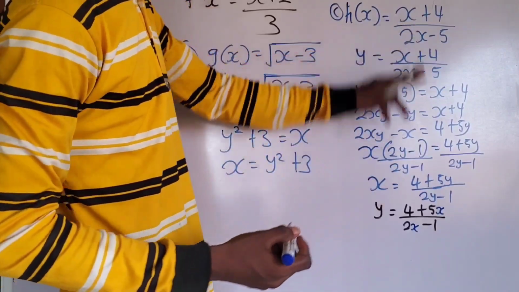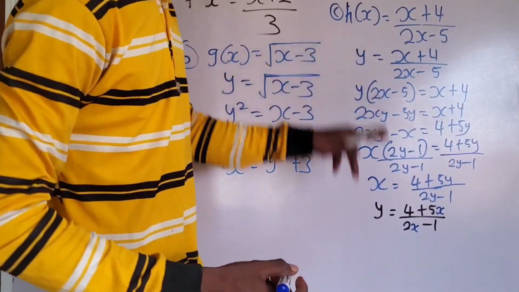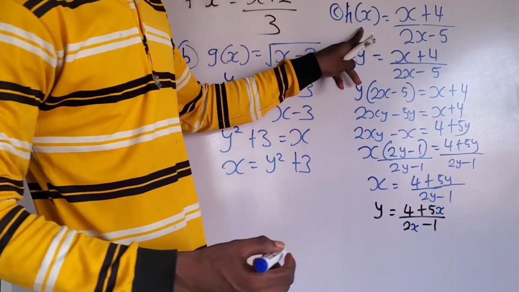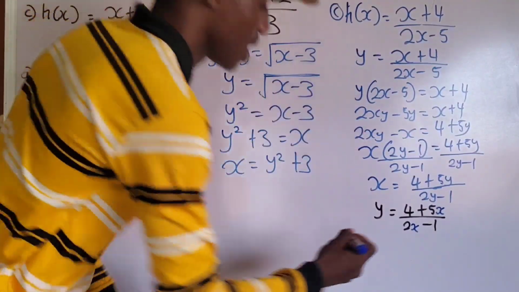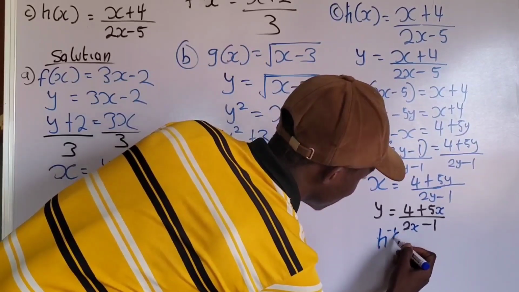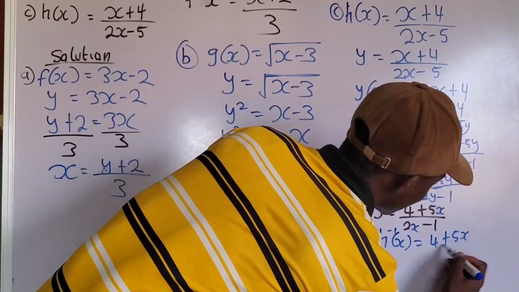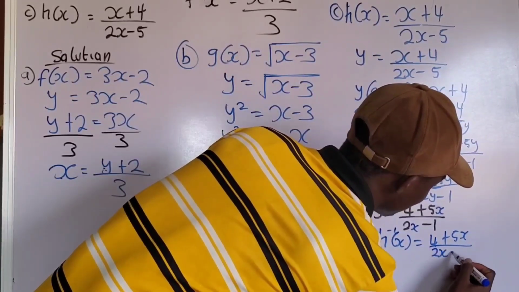You understand? The inverse of this function is this. So now that means that if this function is h of x, the inverse of this function will be the inverse of h of x. So I'm going to have the inverse of h of x is equal to 4 plus 5x all over 2x minus 1.